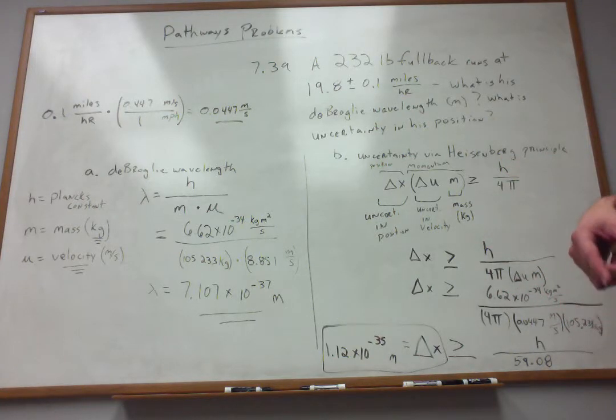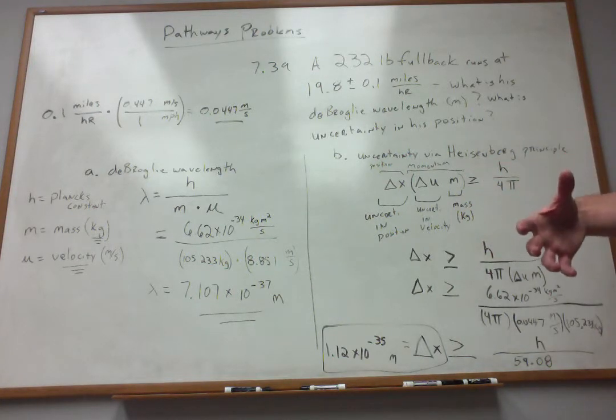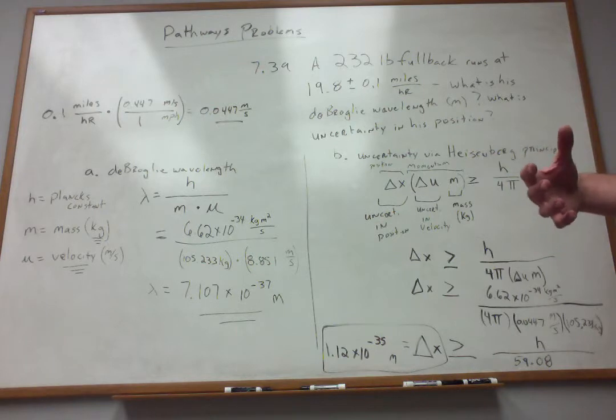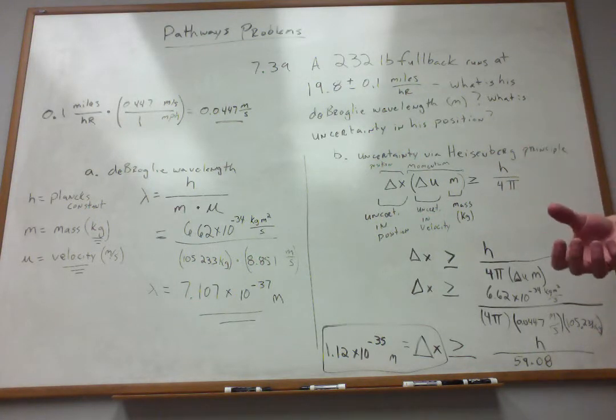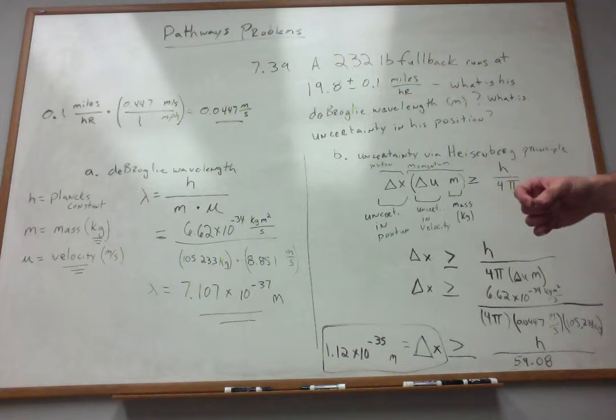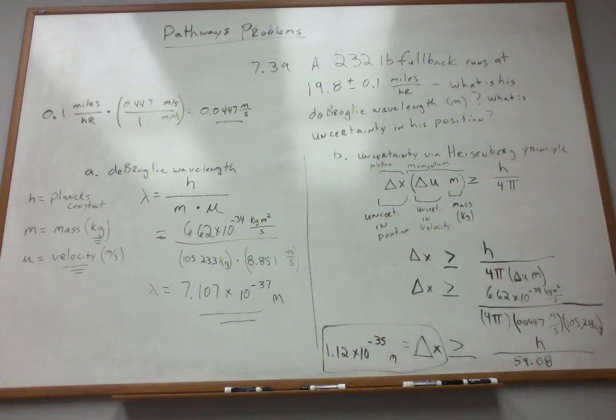And to get a feel for this, I think there's an example problem in your book that I encourage you to look back through. But basically, they do a calculation for an electron in an atom, and it shows that the uncertainty in the position is larger than the typical size of an atom itself. Okay, so this again has important consequences for how we treat electrons in atoms. We treat them as matter waves in accordance with the deBroglie wavelength.